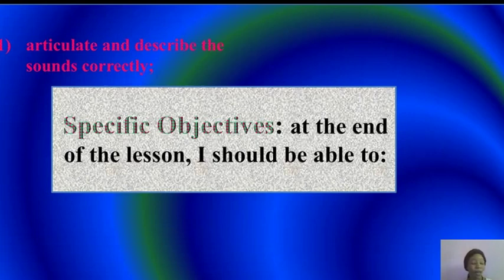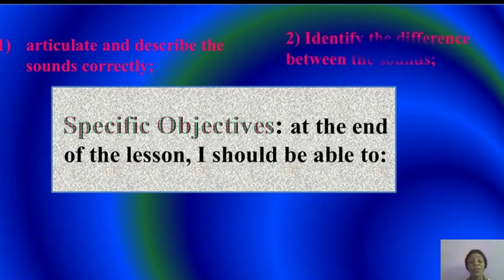Of course, by now, you should actually be able to understand the fact that whenever we are teaching sounds, the first thing for you to be able to do is that you should be able to articulate the sound correctly. That is the primary thing. It's very, very important because it's actually going to guide you even while you're listing words, and it's also going to guide you to make a contrast between the sounds.